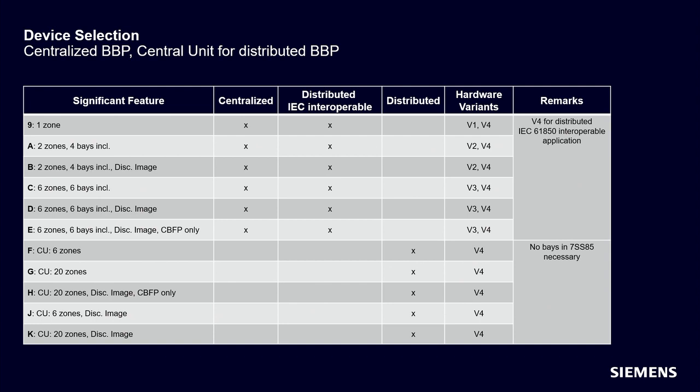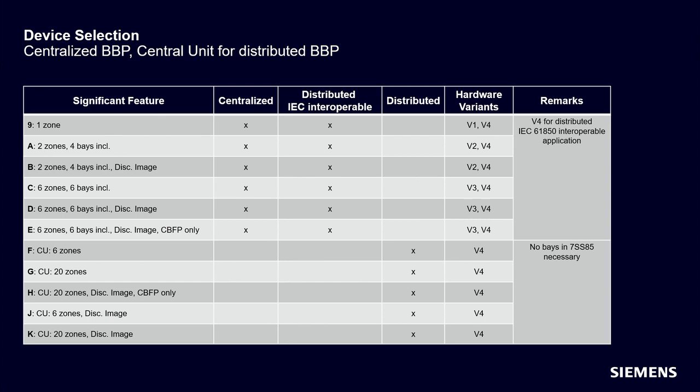We have the significant feature D, which means 6 zones with disconnector image. This would allow a triple bus bar with a sectionalizer inside, for example, or a double bus bar with a sectionalizer in a transfer bus or anything else.